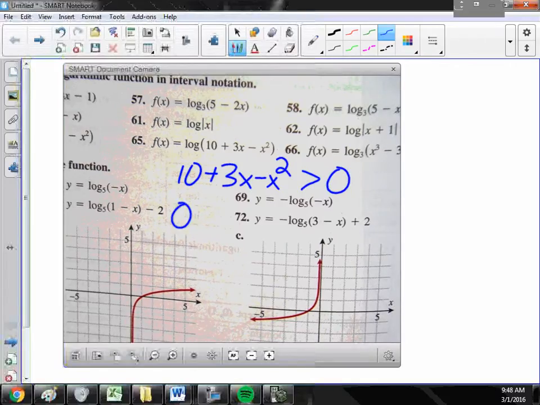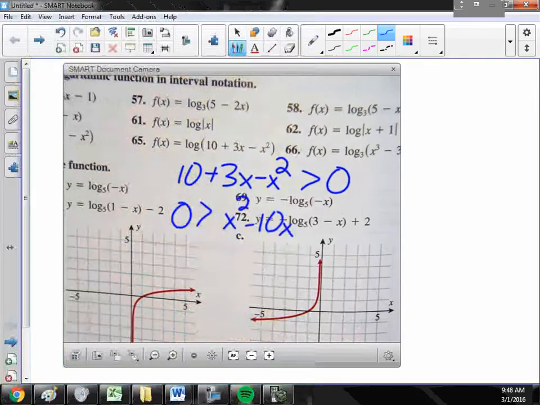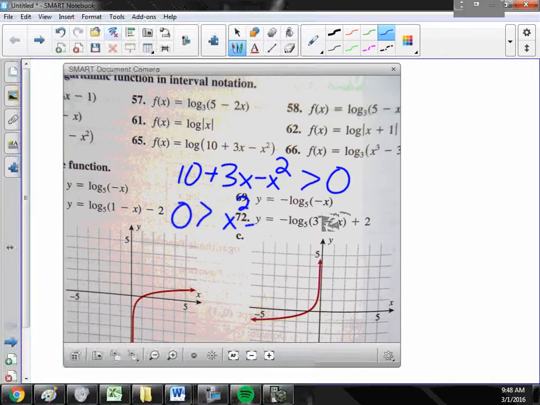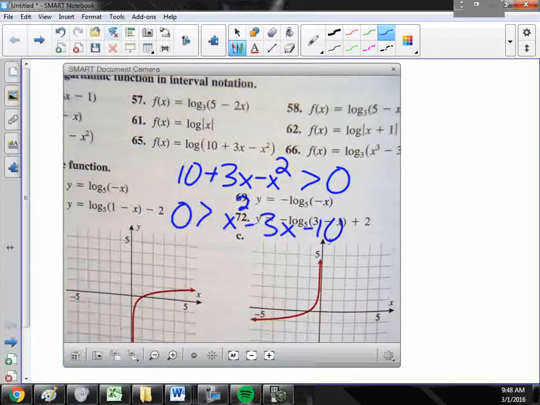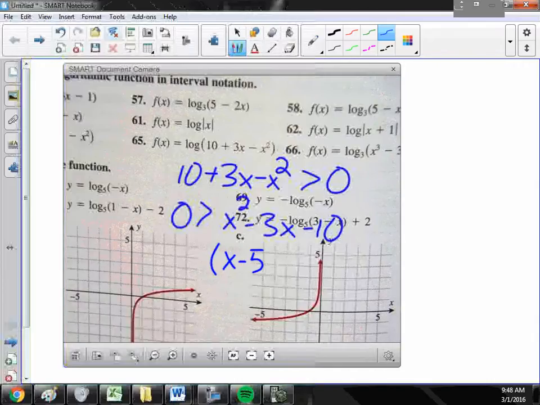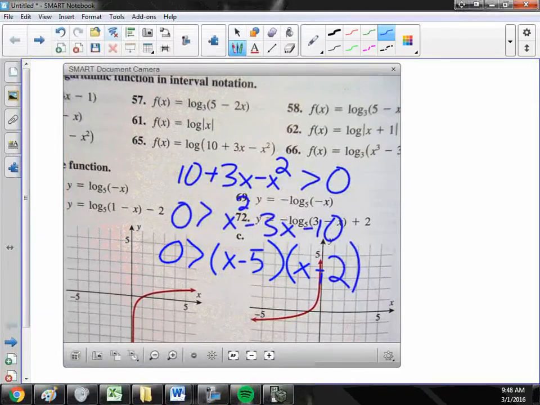So 0 is greater than x squared minus 3x minus 10. Does that factor? So x minus 5 and x plus 2. So my critical points here are going to be at 5 and at negative 2.